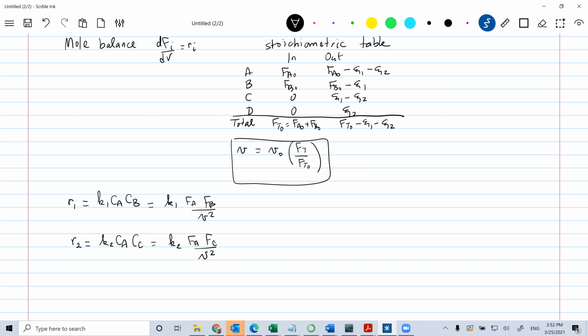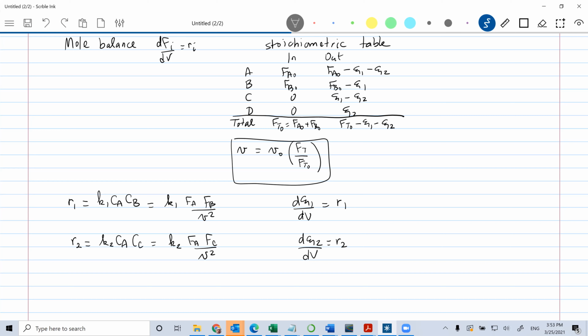What I ended up writing in, which is correct, but I have to think how I got there to not mislead you. I ended up writing these two mole balances, which is correct, but that might be the first time you ever see it written that way, so I need to make sure I don't mislead you.